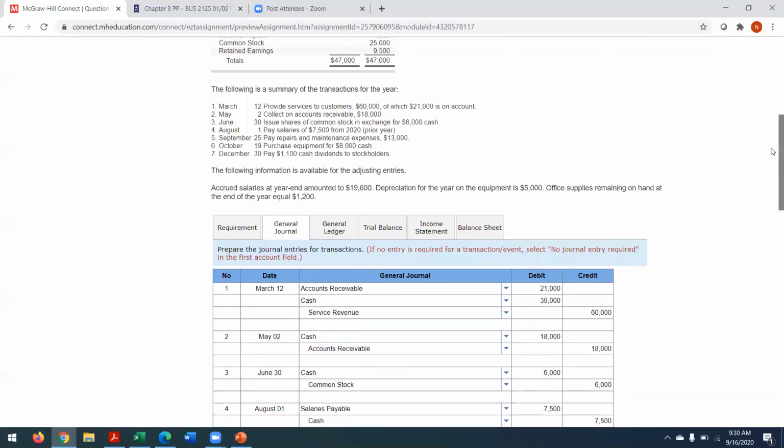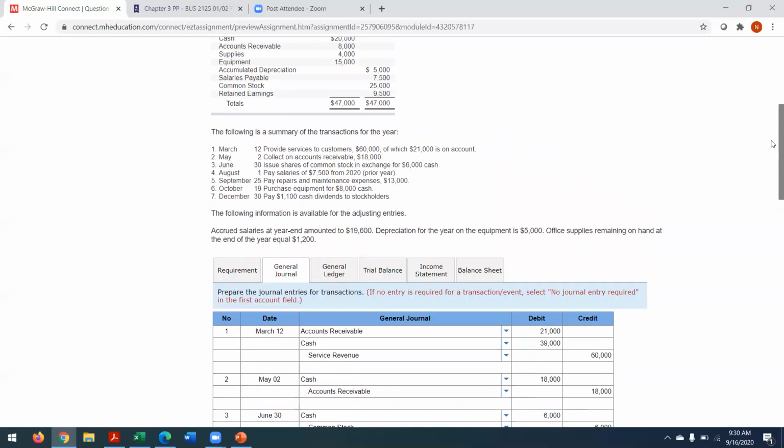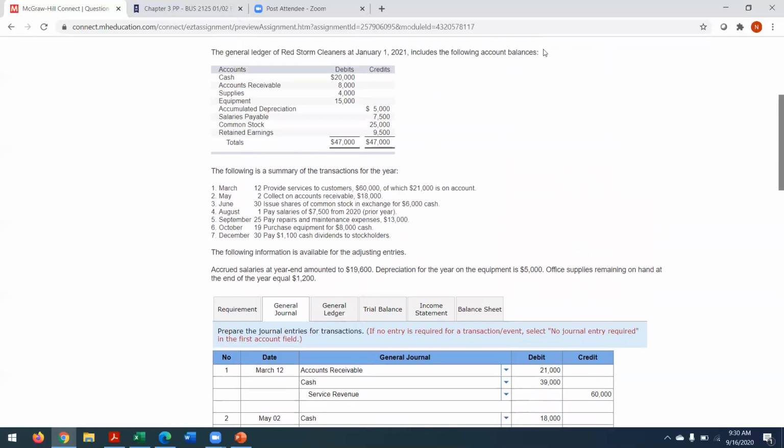Then it says office supplies remaining on hand at the end of the year equal $1,200. So how are we going to adjust that? Well, let's look at where the supplies were. They were at $4,000.